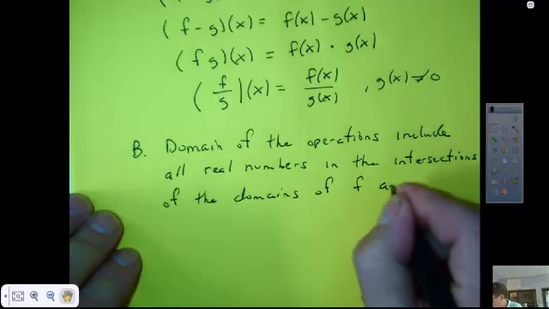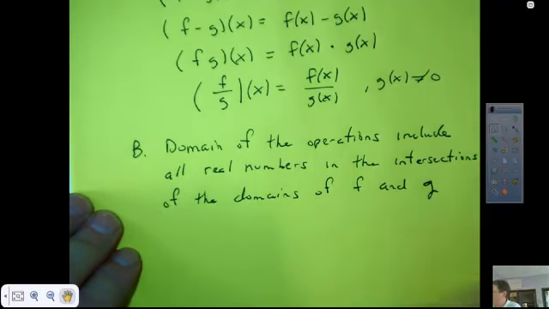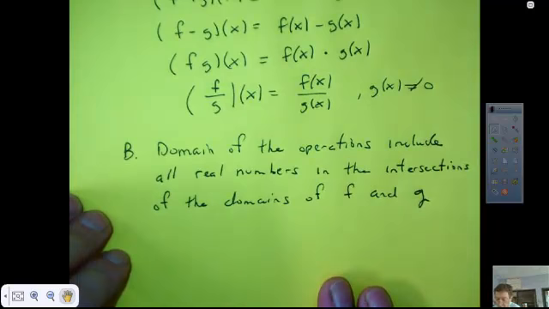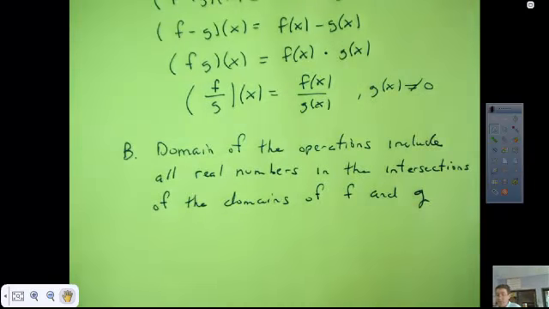The best way to do that, when we get to an example, is to graph out the domain of f and the domain of g, and the ones that overlap, the intersection of those two domains, is the domain of that operation.